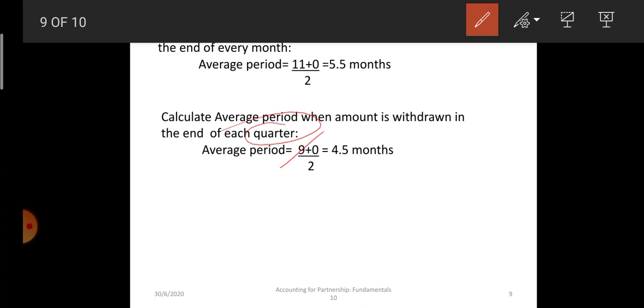The drawing will be done on 31st December. So 31st December to 31st December, 0. So 9 plus 0 divided by 2, you will get 4.5 months. Average period calculation, please learn that. Go through these 3 examples properly. In the book more examples are there. Go through that, and any problem you can message me.